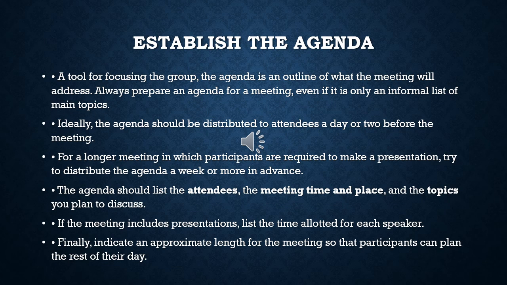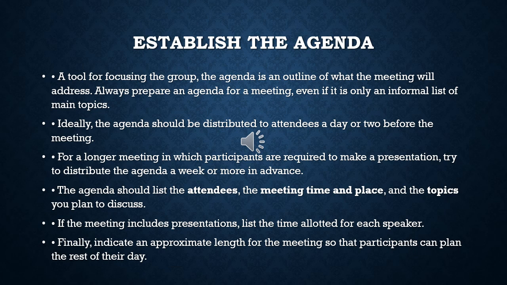We have already discussed that establishing the agenda is very important. An agenda is an outline of what the meeting will address, that is, what you're going to discuss. You have to always prepare the agenda before the meeting and list the topics you're going to discuss.